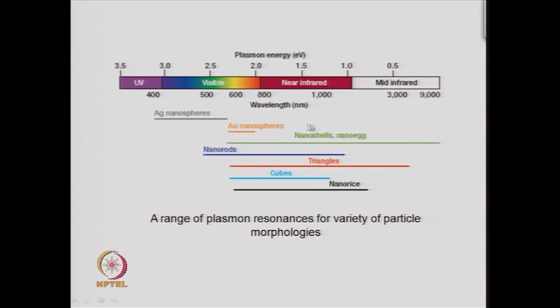If you have a structure which is not a sphere, but made of gold in the form of nano shells, it is like a strip of gold particles in a circular fashion with a certain thickness, without anything filled inside. That is like a nano shell or a nano egg.